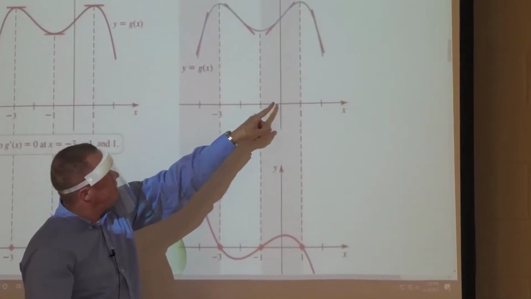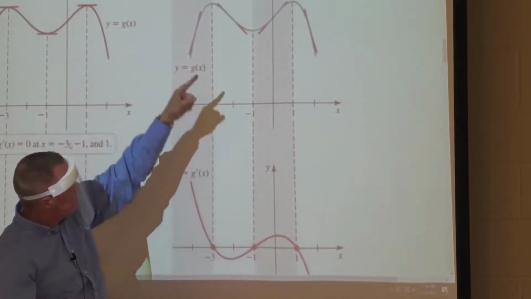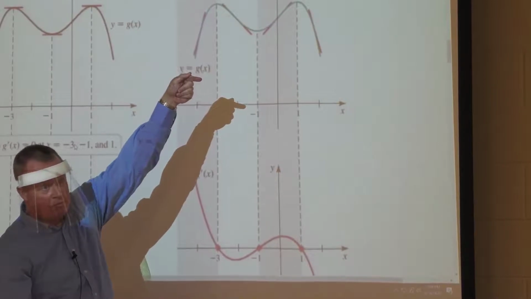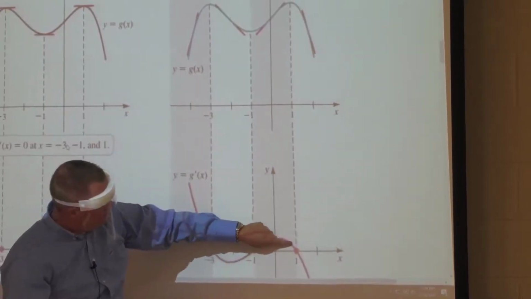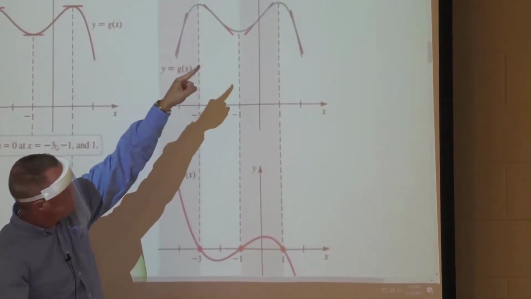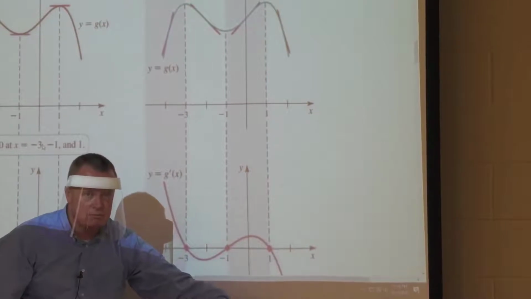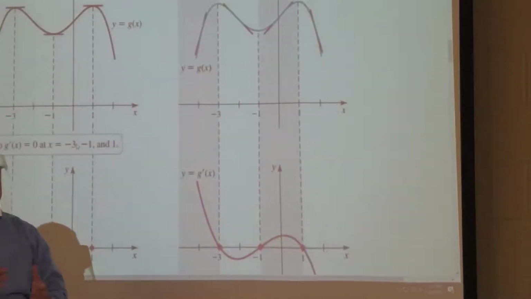And then from negative 1 to 1, it's going back up positive until it gets closer to that 0 again. So it goes up and back down, and then past 1, the slope is negative, and it gets sharper and sharper as it goes down. So the graph there goes down, down, down. Does that kind of make sense?